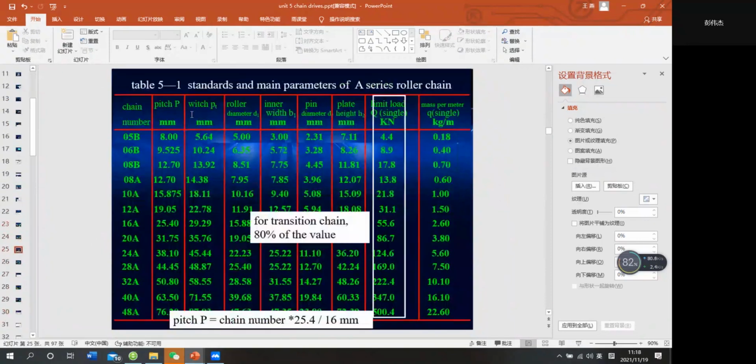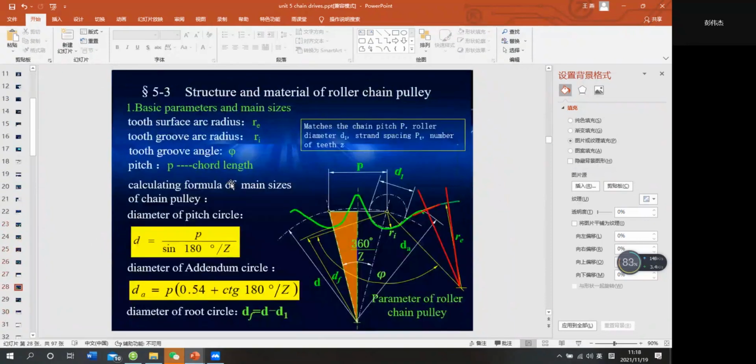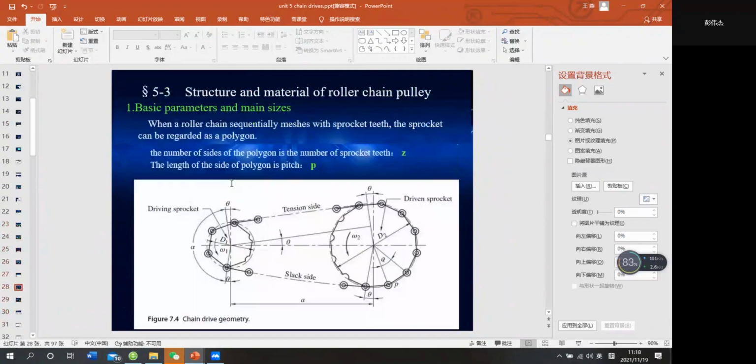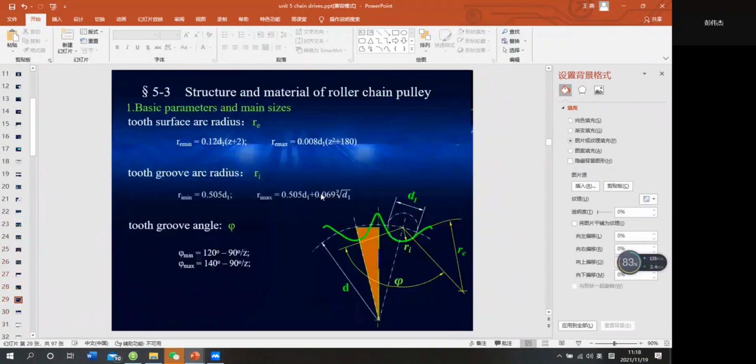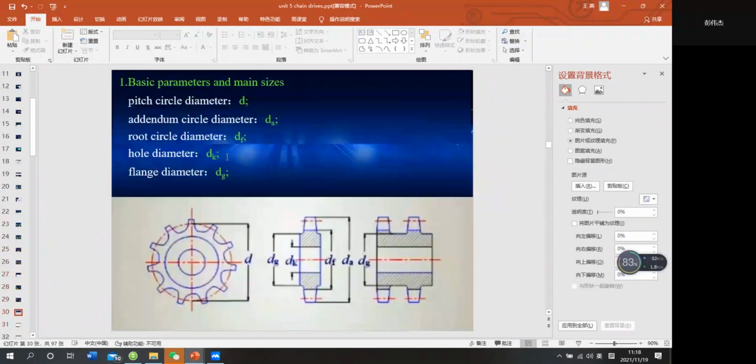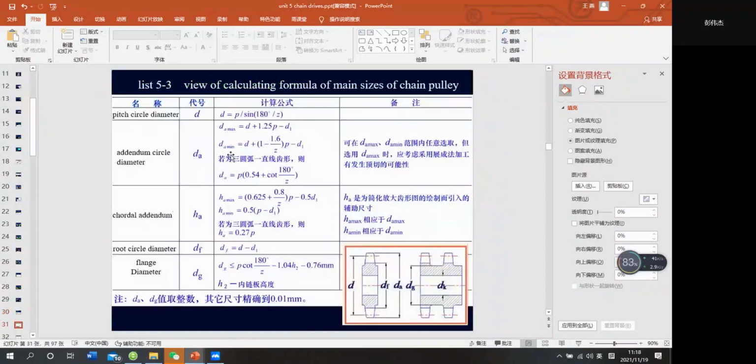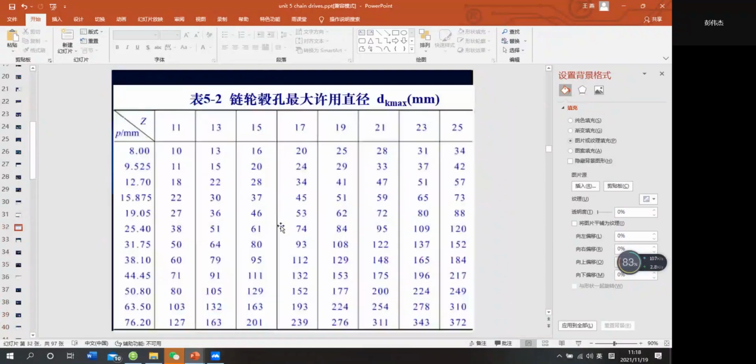The basic parameters for the sprocket are important, but in this course, you should master the basic conception of this. You needn't calculate the values.